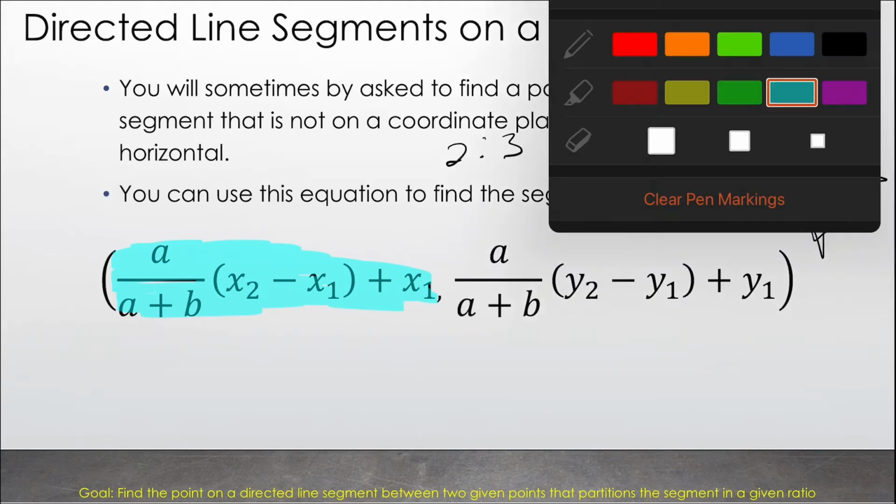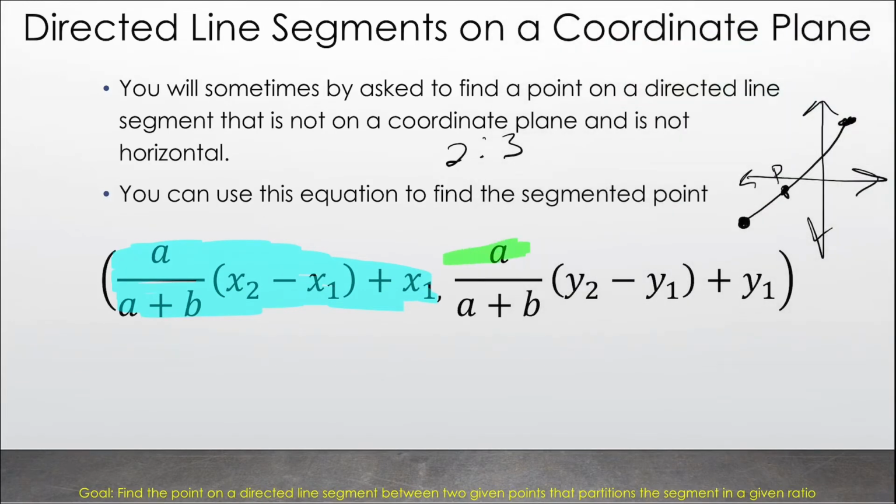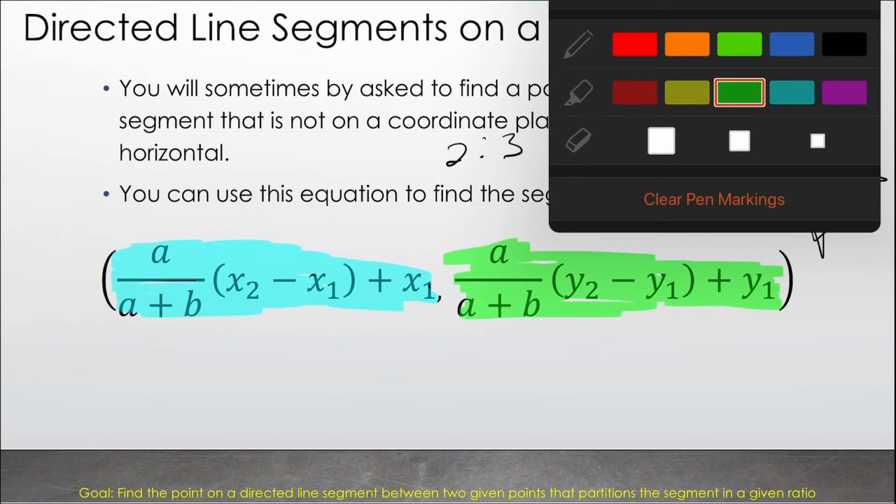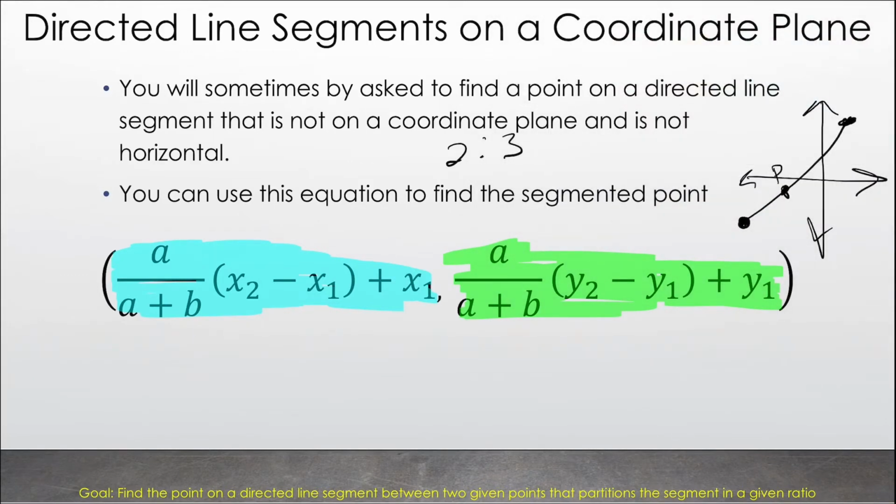I have an x coordinate and a y coordinate. So I know this looks really messy, but this is really two different equations, two different parts. The blue over here is going to give me my x coordinate. And the green right here is going to give me my y coordinate. Okay? Notice they're very similar. Only thing that changes are these x sub 2 and x sub 1s.